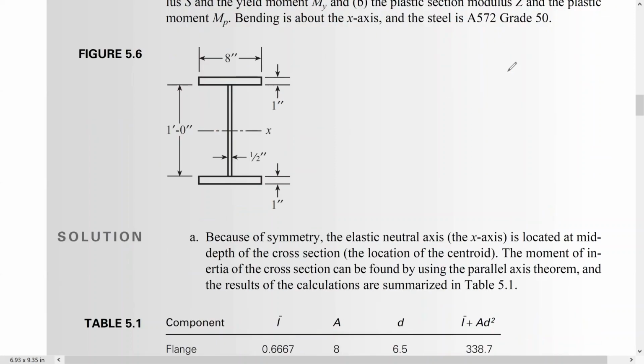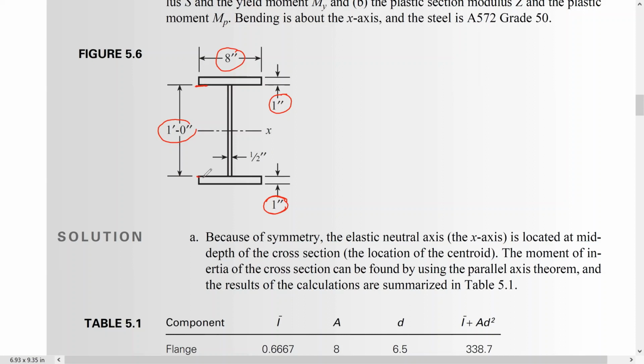So this is the beam that we have. These are the dimensions we need: the thickness of the upper and lower flanges here, and the width is 8. And the depth from the bottom of the upper flange to the top of the bottom flange is 1 foot.